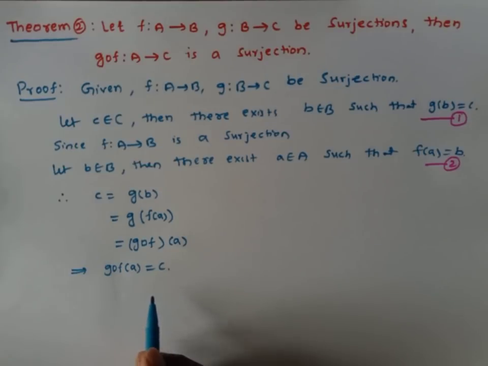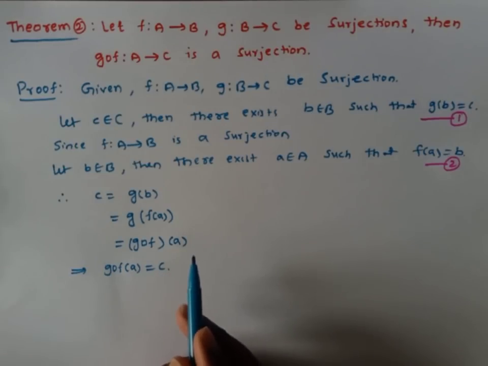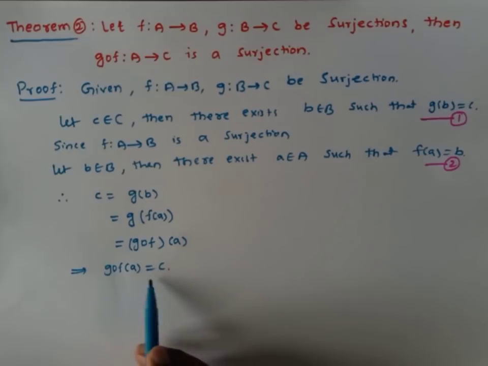What does it mean? For each C belonging to C, there exists an element A belonging to A such that G circle F of A equals C, by using F and G are surjections.